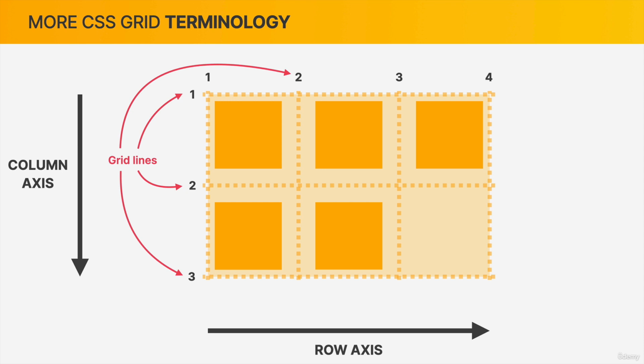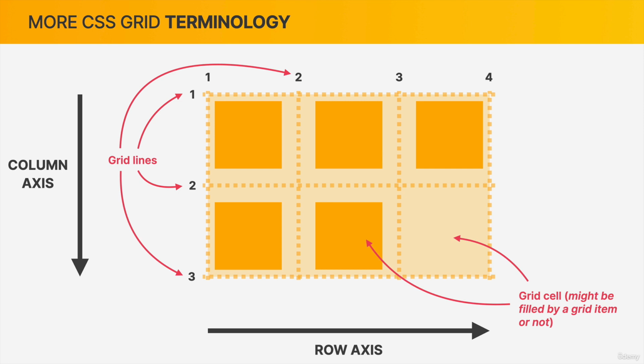Now, the intersection of all these grid lines, so both the grid lines for the columns and the rows, creates all these areas into which we can place our grid items. And these areas are called the grid cells. Okay, so grid cells are always created, but they don't always need to be filled.